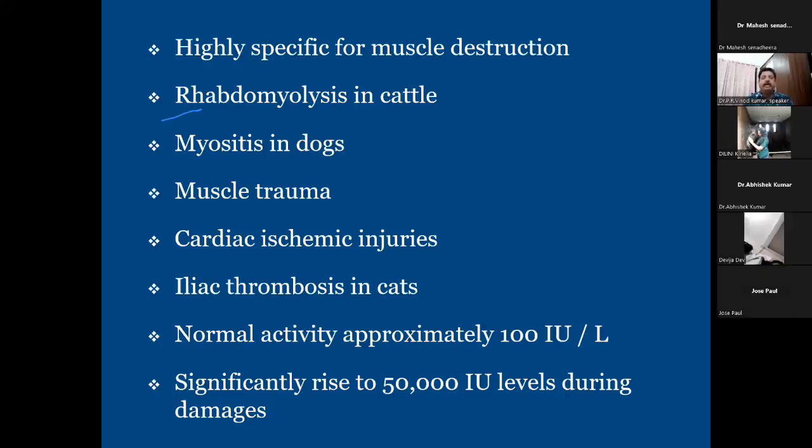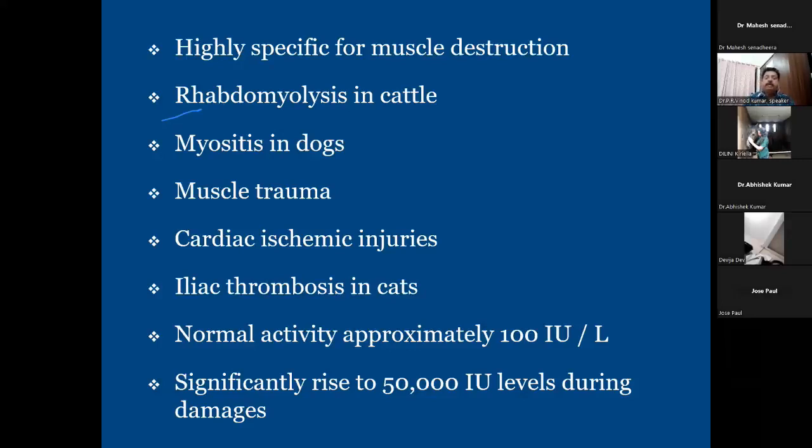In that case, we can use CPK-MM. Then cardiac ischemic injuries in dogs or human beings, we can go for CPK-MB. Iliac thrombosis in cats is not so common, but it can occur. In such conditions, we can go for studies with CPK-MM.